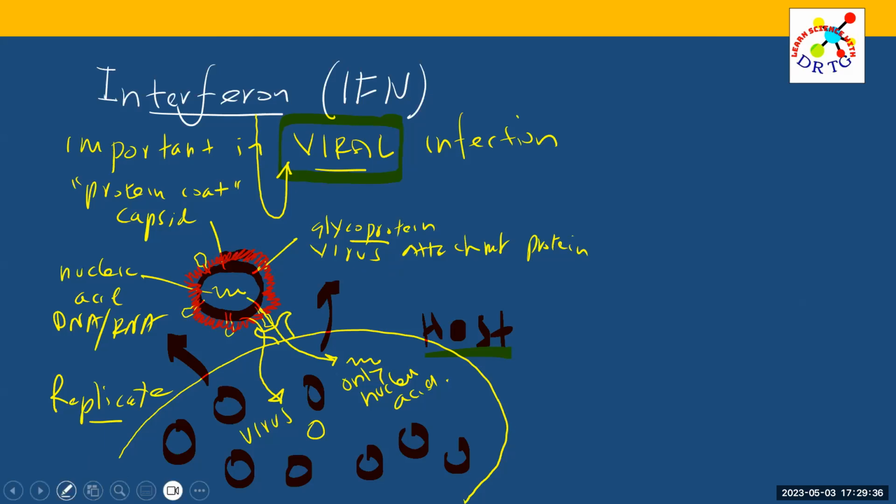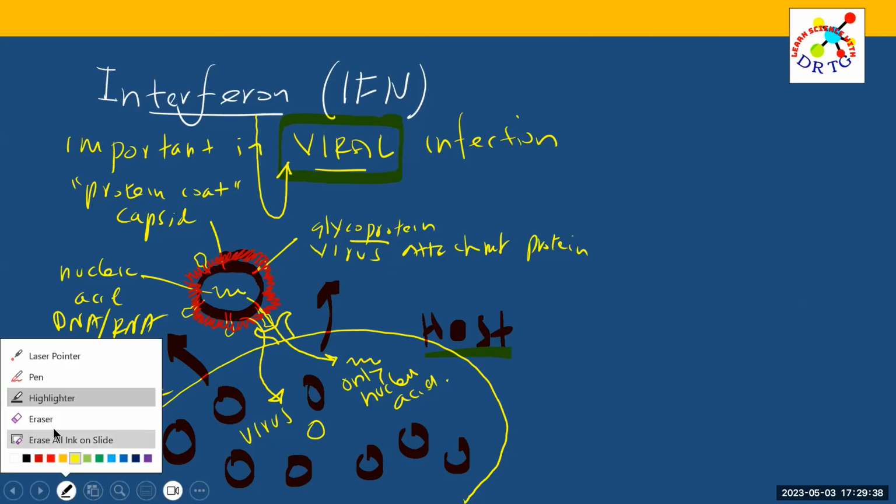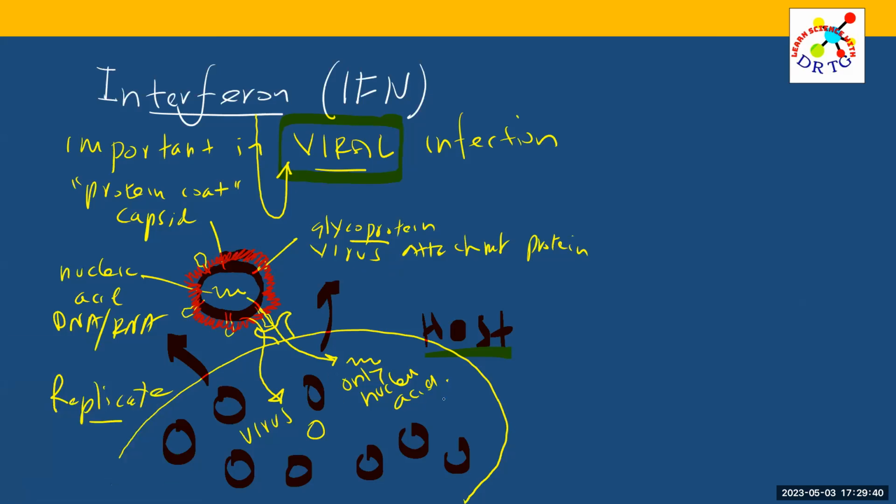And now this cell is trying to do another trick. It produces a special chemical. This chemical is interferon. Now interferon can try to protect this cell. You can understand, if you take a host cell, there are not millions of viruses coming at the same time.